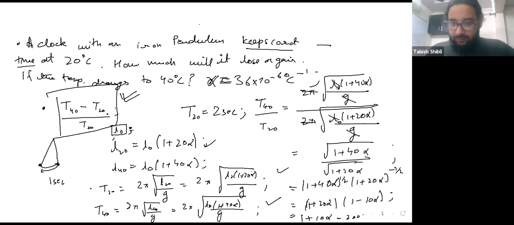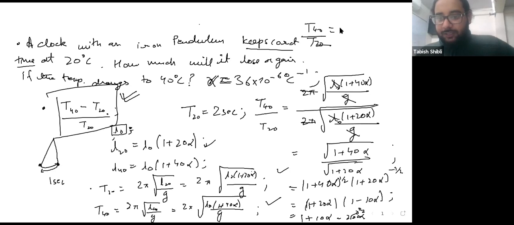Okay, this is alpha squared, and since this is alpha squared, you can keep this as 0. So what essentially you have, T40 by T20 is equal to 1 plus 10 alpha, and alpha की value यहाँ दी हुई है, so you can just put it here.